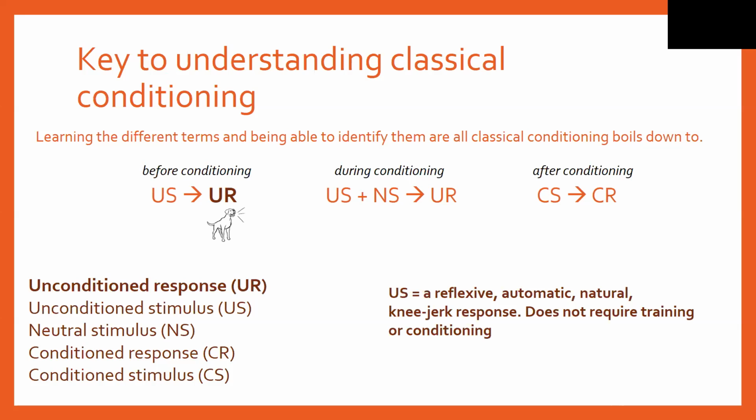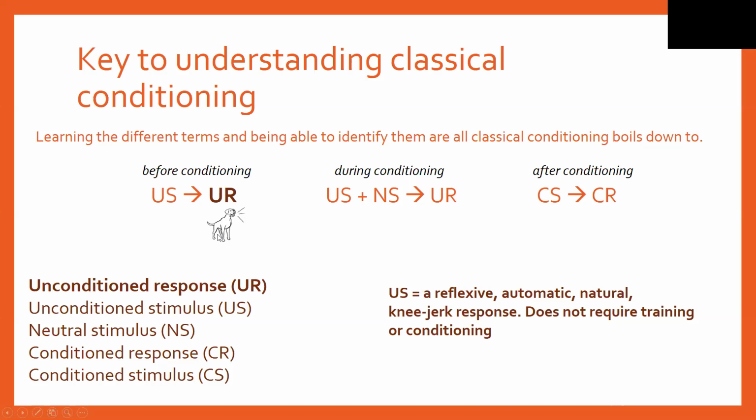I'm sorry, that should be UR. We're looking at the unconditioned response. The unconditioned response is a reflexive, automatic, natural, knee-jerk response. It does not require any training or conditioning.